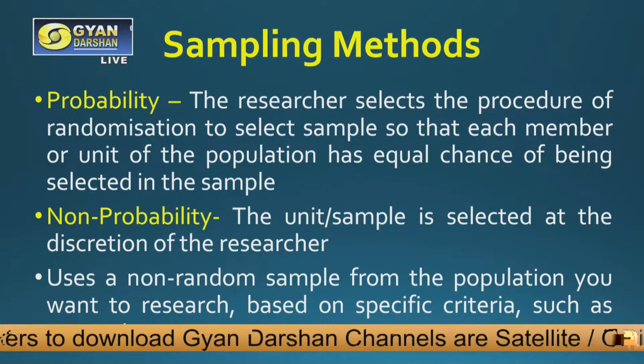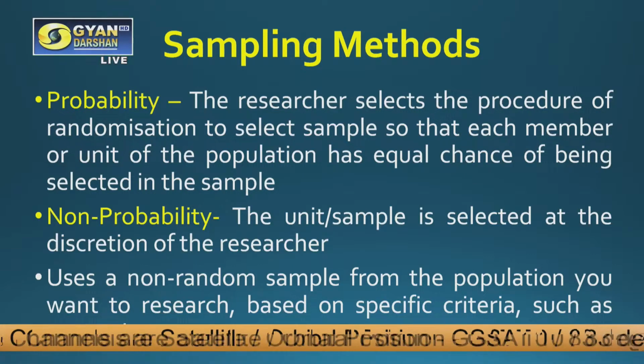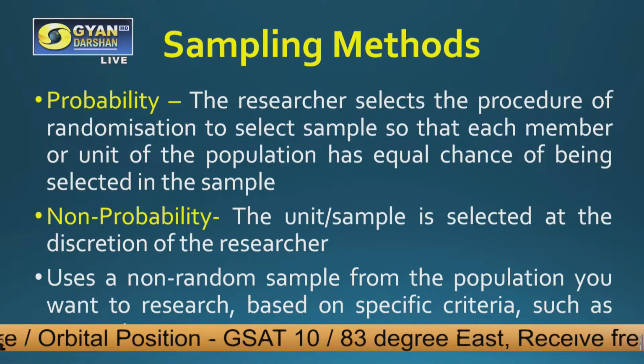On the other side, let us not give any chance. Let us select the samples based on our discretion, our ideas. Of course, there are some criteria on which we will select, but we will not give an equal chance, that kind of probability, to each of the individuals in that particular population.